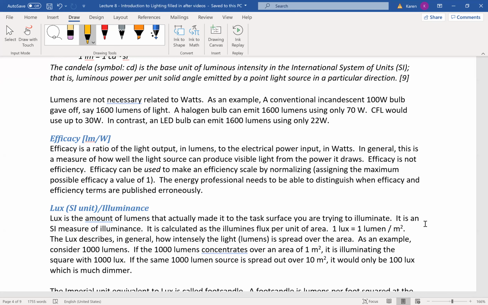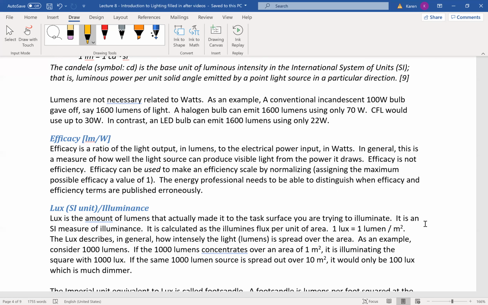So I put an example here of 1,000 lumens. That's the brightness, 1,000 lumens. If that 1,000 lumens concentrates over a desk and that's your task area of 1 meter squared, then it is illuminating with 1,000 lux. The SI unit of lux would be lumens over 1 meter squared.